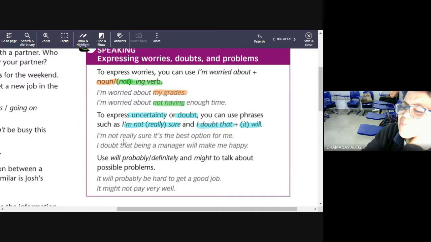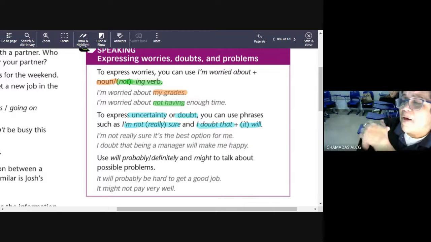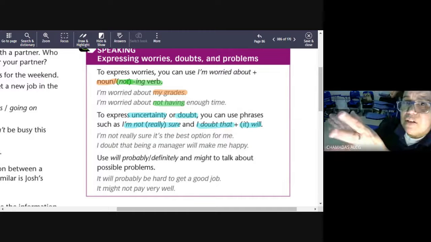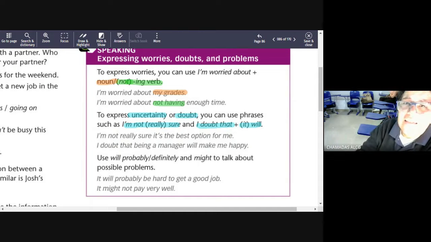Example, I'm not really sure it's the best option for me. Or I doubt that being a manager will make me happy. Remember Josh's audio when he says that he's not really sure about applying for the opening they have there to be a manager because he doesn't like that.